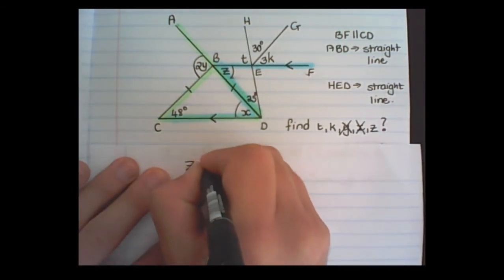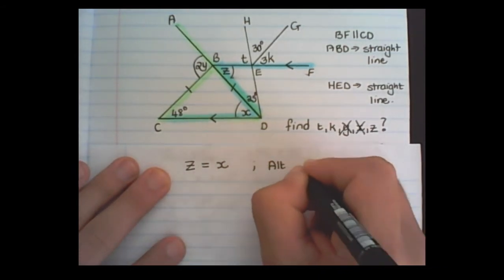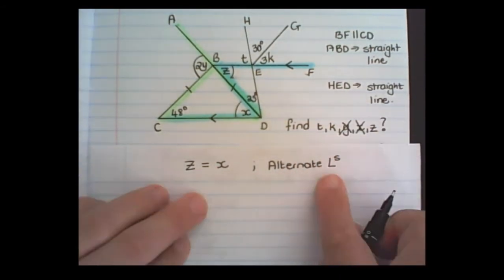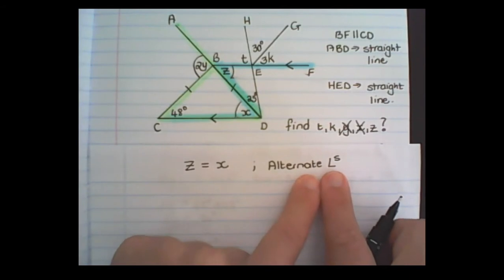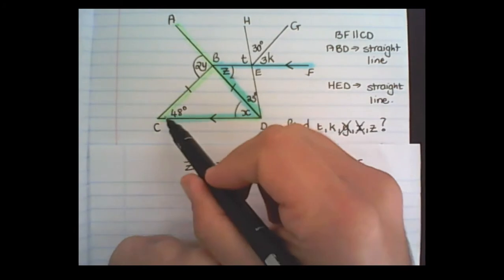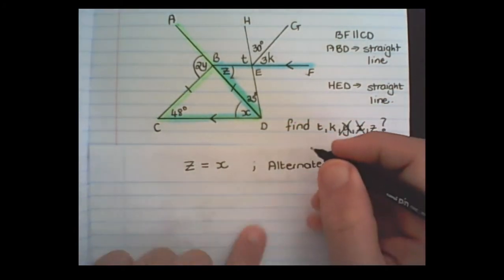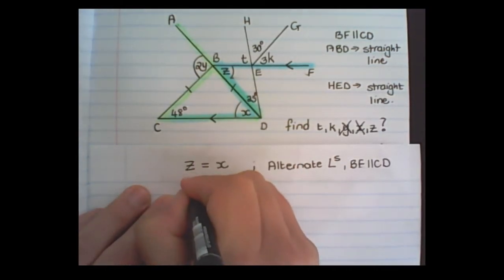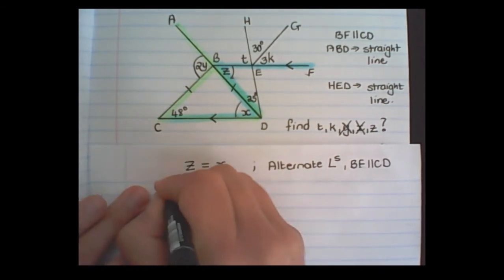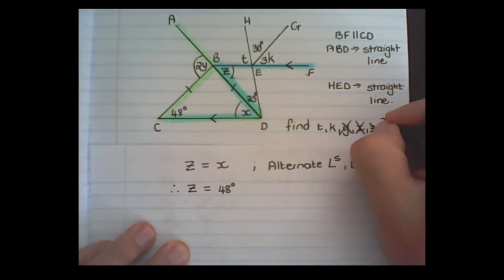So z is equal to x. The reason, alternate angles. And the reason why we can use alternate angles is because the line BF is parallel to CD. But we know that x is equal to 48 degrees. Therefore, z is also 48 degrees. And now we have worked out z.